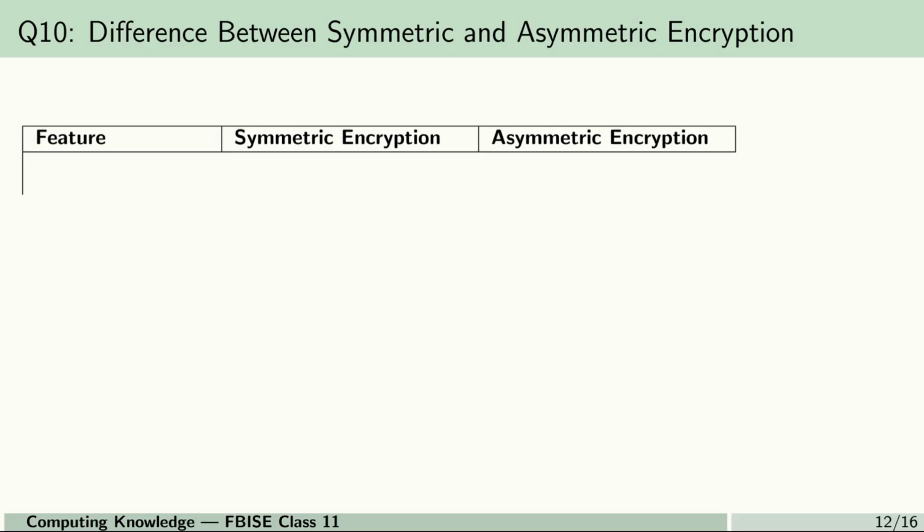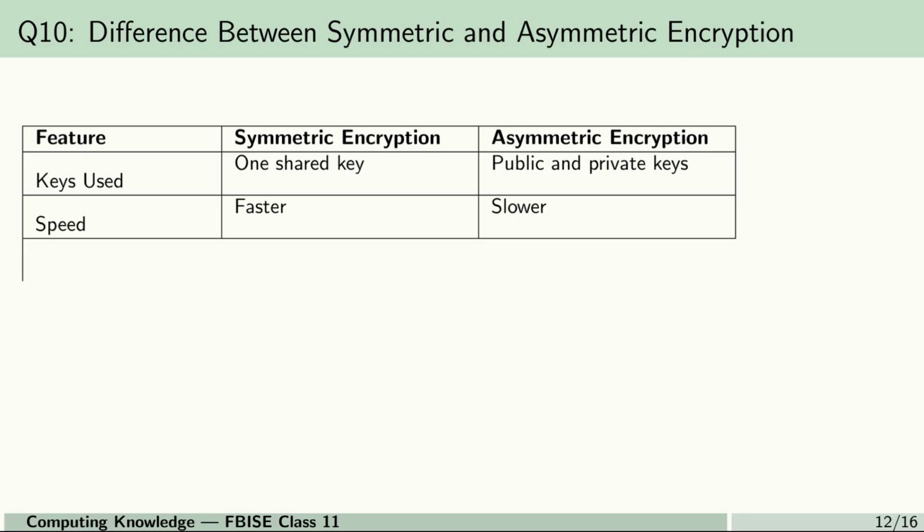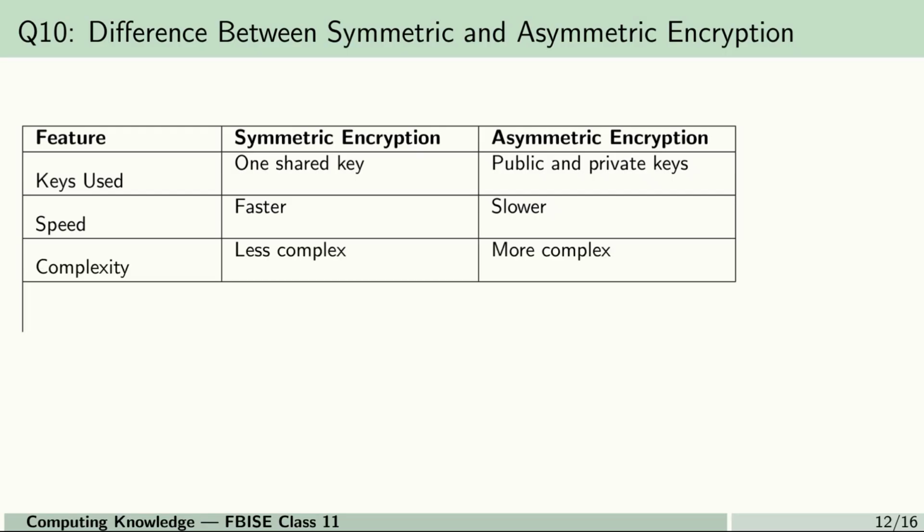Difference between symmetric and asymmetric encryption. Feature: keys used. Symmetric encryption uses one shared key. Asymmetric encryption uses public and private keys. In terms of speed, symmetric encryption is faster. Asymmetric encryption is slower.